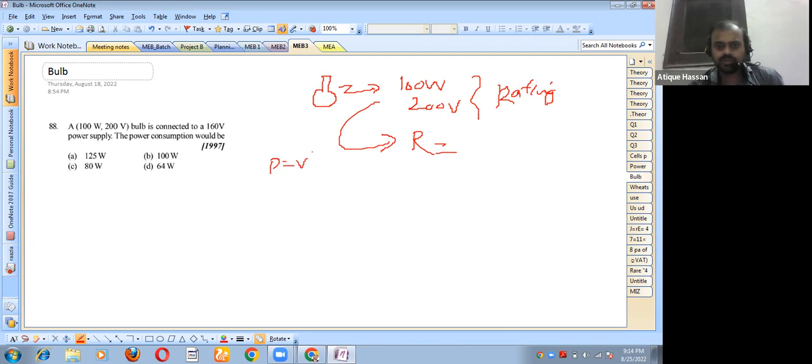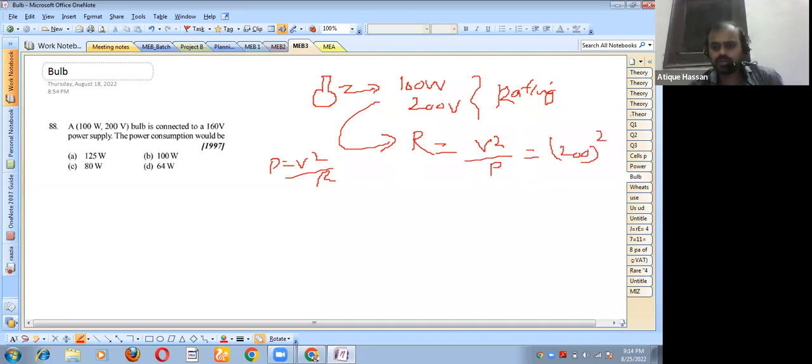We know that P is equal to V squared by R. So R will be V squared upon P, right? So 200 squared upon power, which is 100. Now we have to find the power at the given voltage. So P dash will be equal to V dash squared upon R. Resistance of the bulb will remain same.